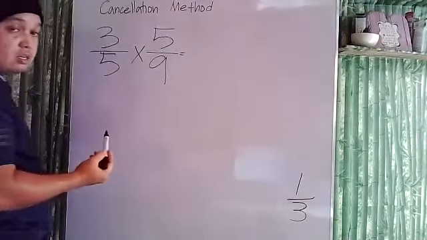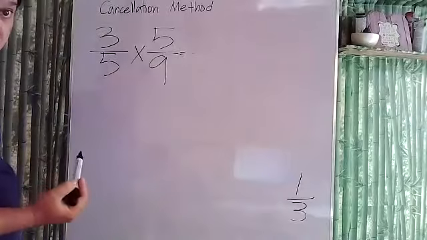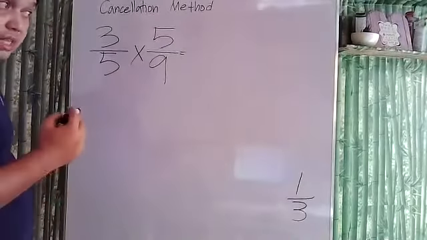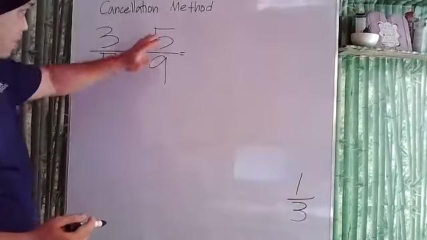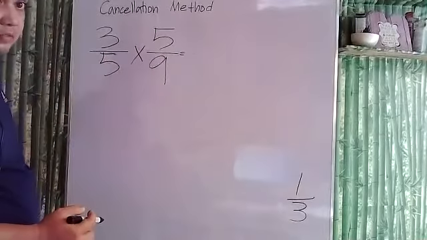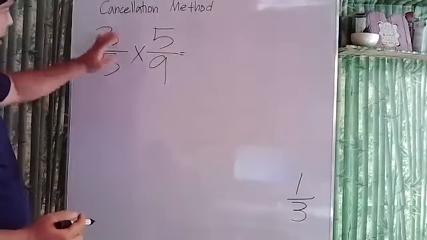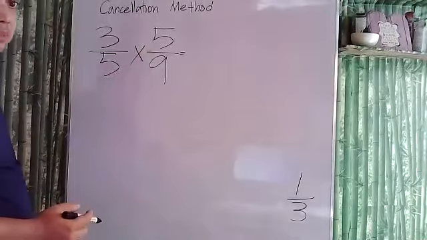We only divide if they are both divisible. Now 5 and 5 are divisible by 5, while 3 and 9 are both divisible by 3.